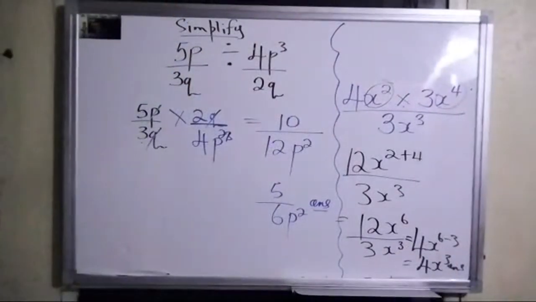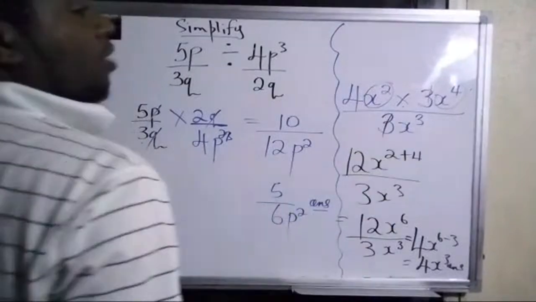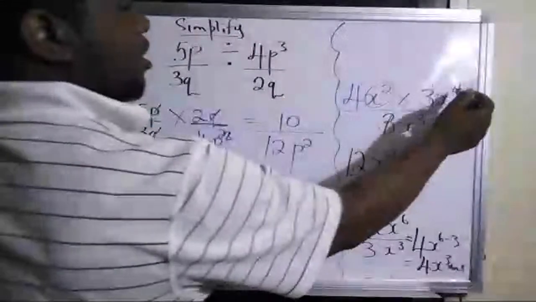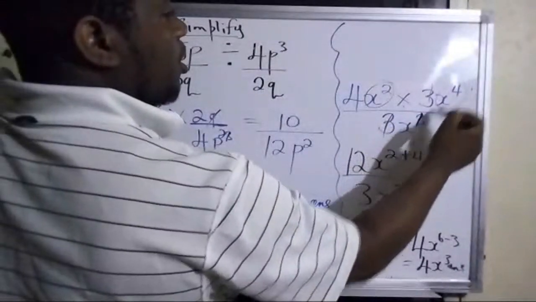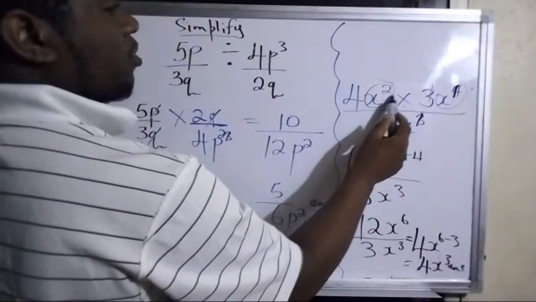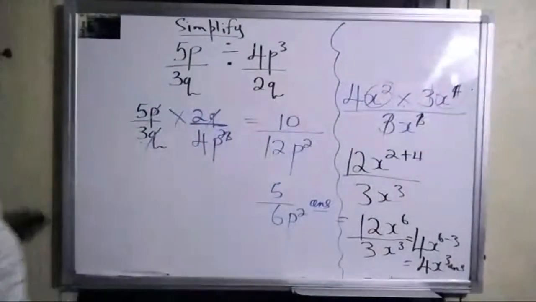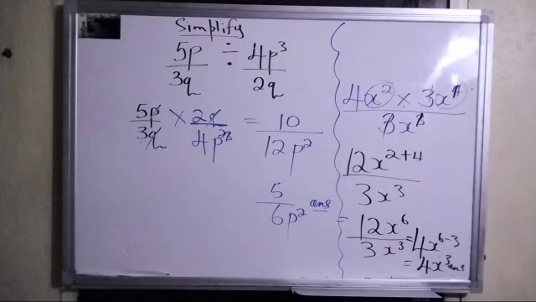Another way we could have looked at it, we could have cancelled 3 into 3, 1. This would leave x to the 3 gone, so this would leave 1. So we'd have 4x squared times x to the 1, which gives us 4x cubed. So that's another way we could have looked at it. Alright, let's move on.